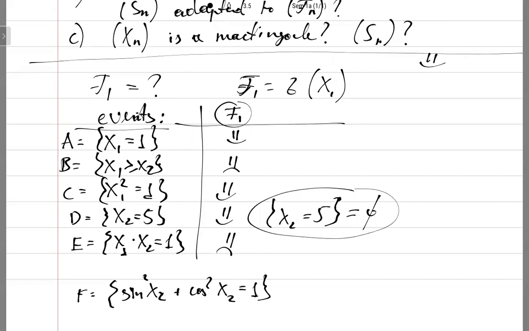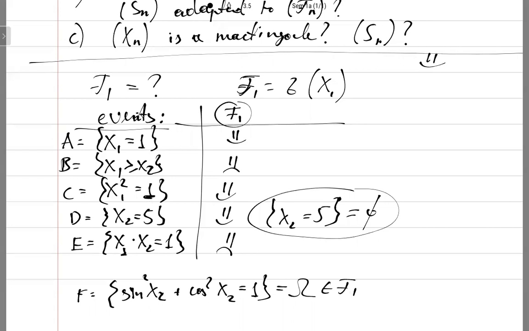This is just omega in disguise, because for every possible number, the sum of sine squared and cosine squared is 1. So it's just an event which will always happen, so it is in F1.